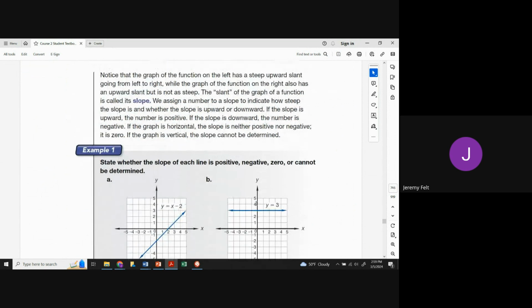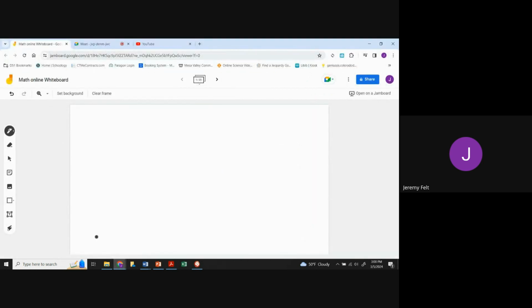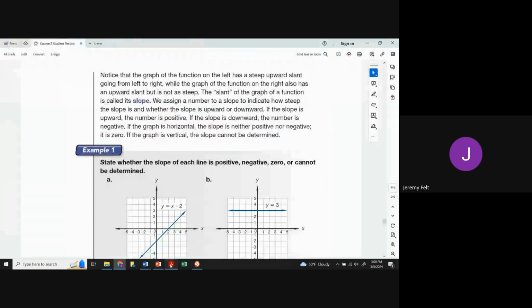And slope, you can just remember, is just the rise over the run. And there's a way we can calculate the rise and the run based on 2 different points. But for right now, just remember rise over run. We'll be given a graph, and we can look at that and count.